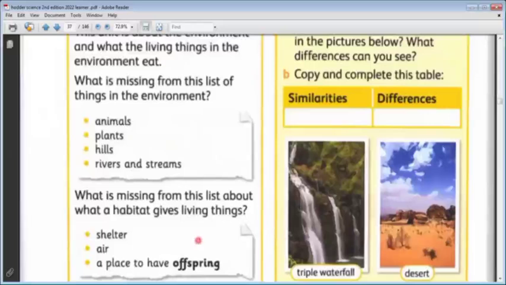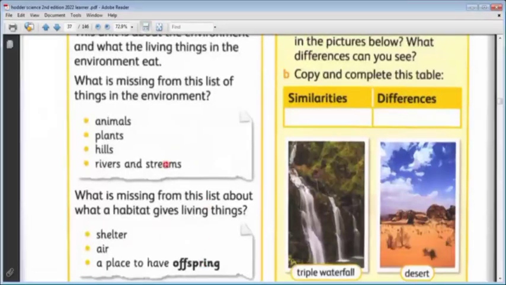So habitats give living things their needs: shelter, air, a place to have offspring, and food. This is the difference between environment and habitat.